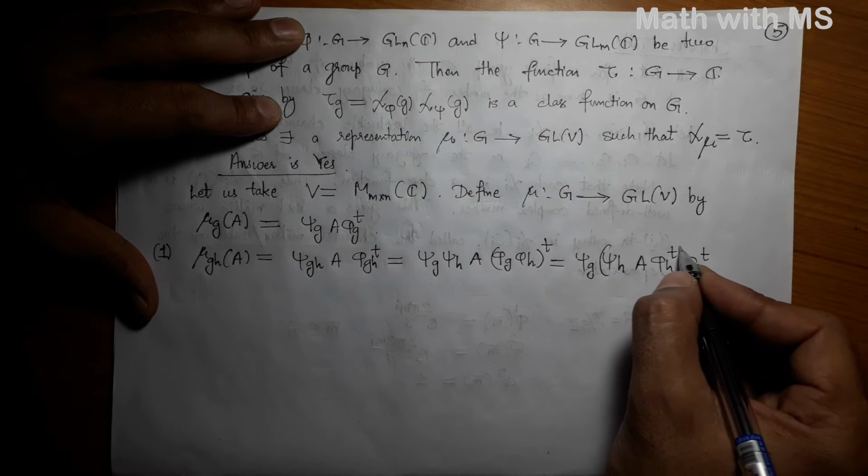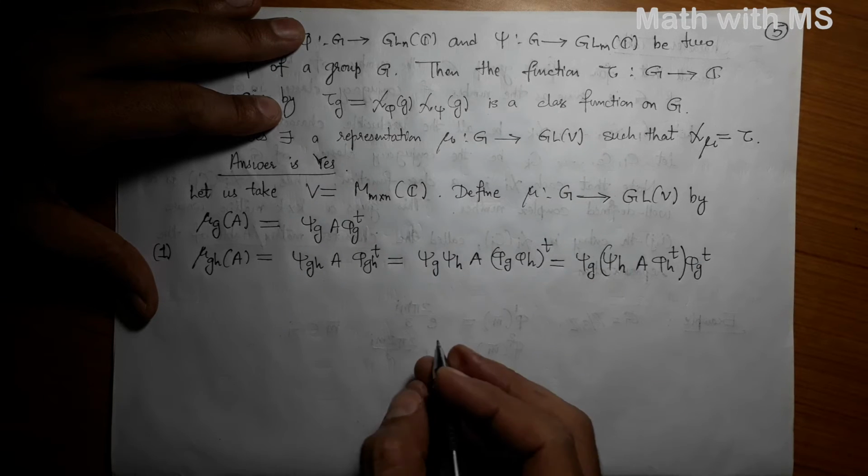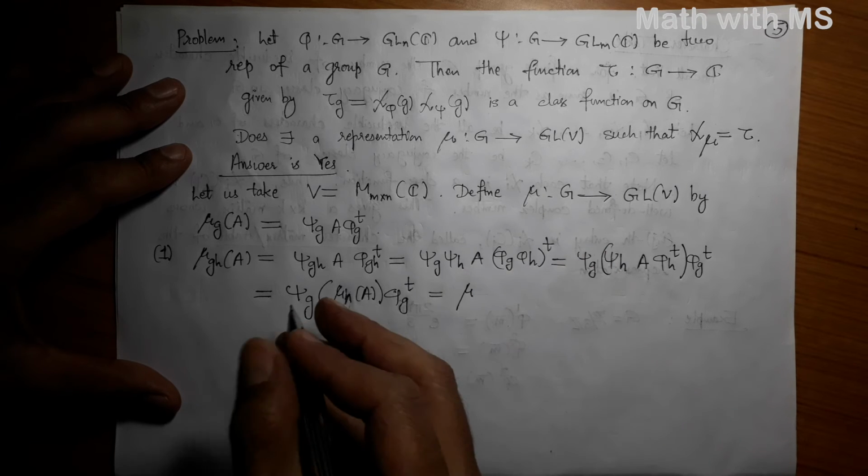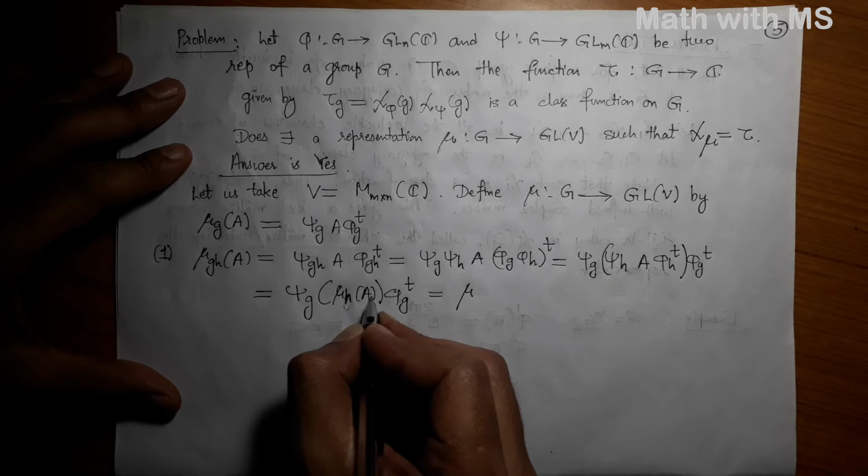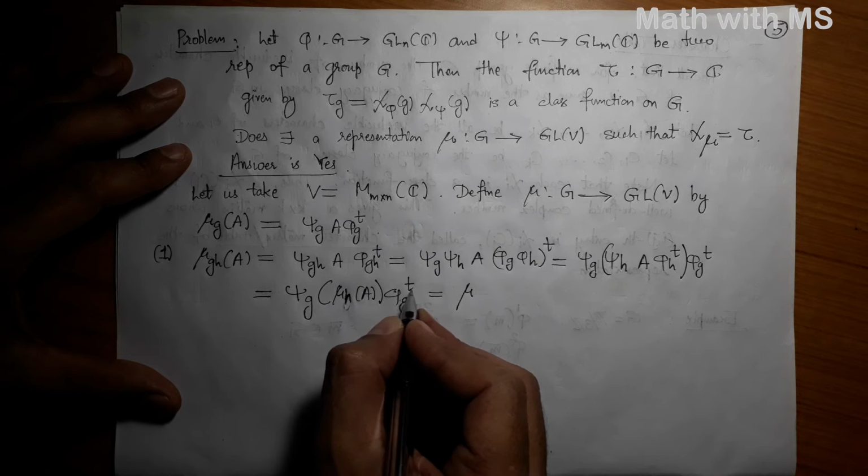And matrix multiplication is associative. I can put the parenthesis wherever I like, so I can write it as psi(g) times psi(h) A phi(h) transpose, times phi(g) transpose.